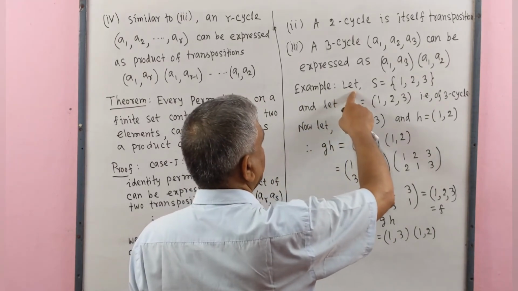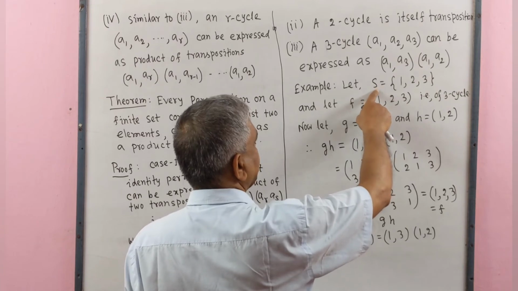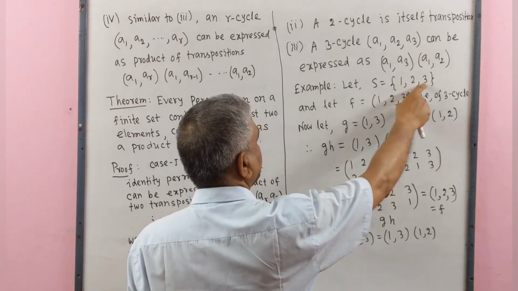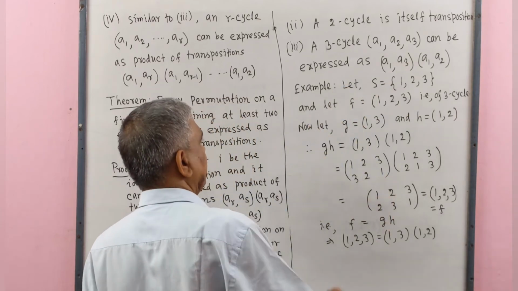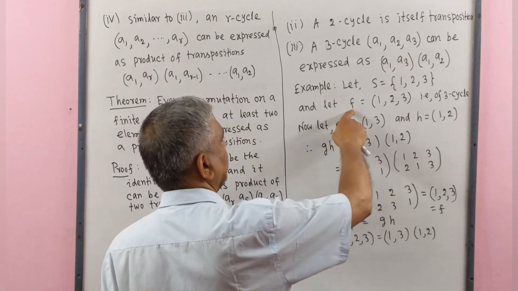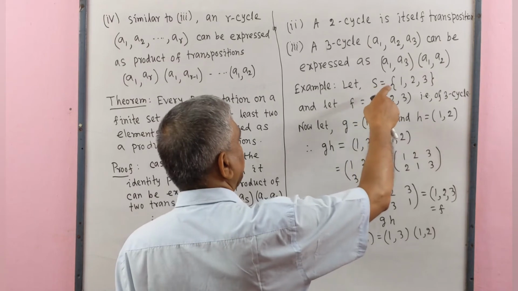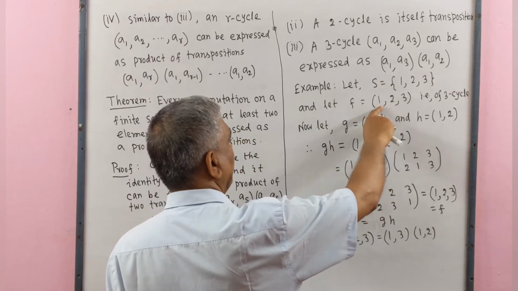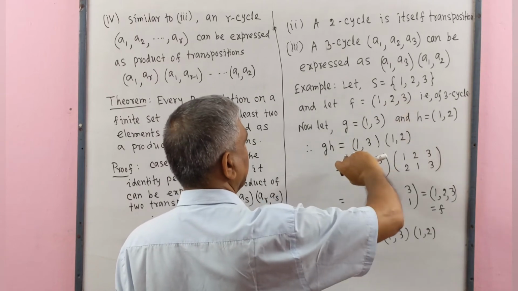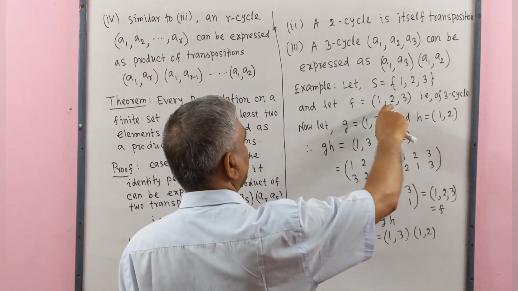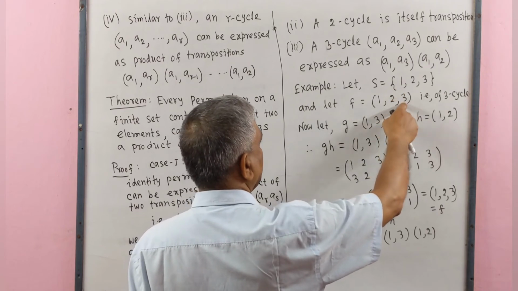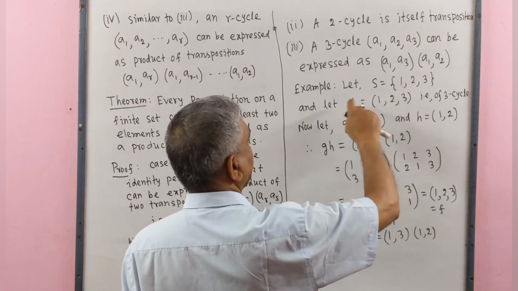Example. Let S be a finite set containing elements 1, 2 and 3. And let F be a permutation of 3-cycle (1, 2, 3). That is, image of 1 is 2, image of 2 is 3 and image of 3 is 1.